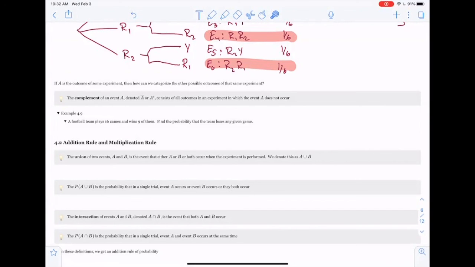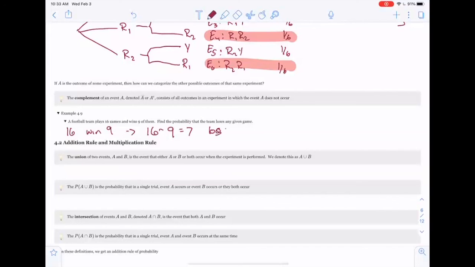So for example, if a football team plays 16 games and wins 9 of them, find the probability that the team loses any given game. So among the 16 games they played, they win 9, which means 16 minus 9, the complete opposite, is 7.